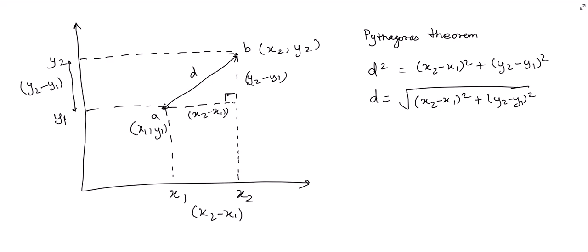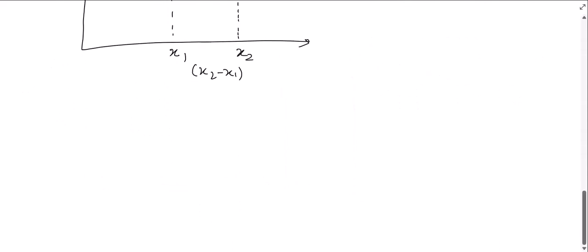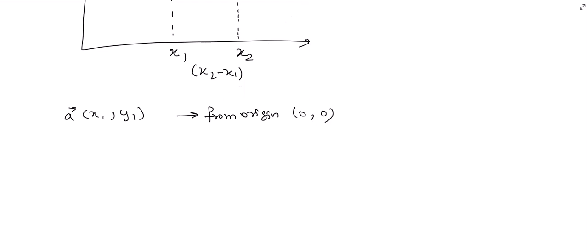Now if we take the same logic, given a vector x1 comma y1, what will be the distance from the origin, 0, 0? So if we say we calculate the distance of a vector A from the origin, we will use a formula.